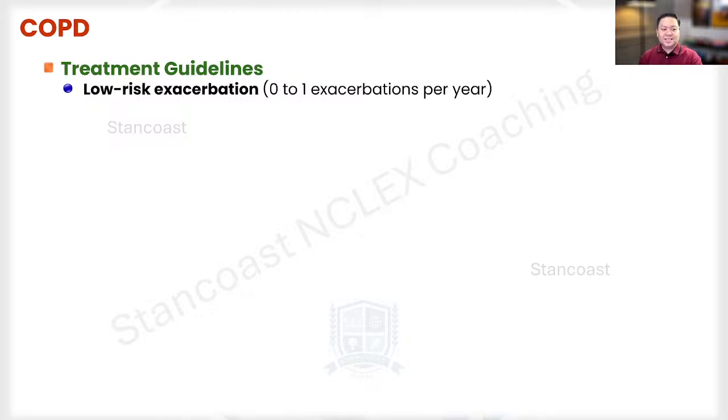Now, for that kind of exacerbation, this patient will require some short-acting bronchodilators such as albuterol, and this is going to be the first line of defense. Again, we are going to start with the use of albuterol, which is the short-acting bronchodilator, and this is going to manage their acute manifestations.